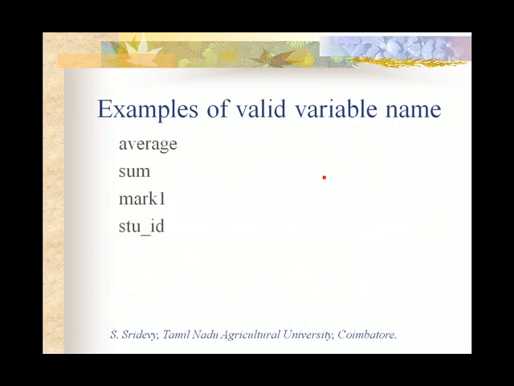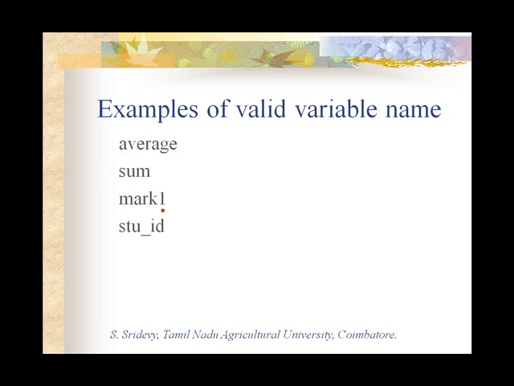Let me give examples of valid variable names, so that it will be easy for you to frame the variable names in your programs. Average is a valid variable name because it starts with a character and it is not a keyword in the C language. Sum is a valid variable name.